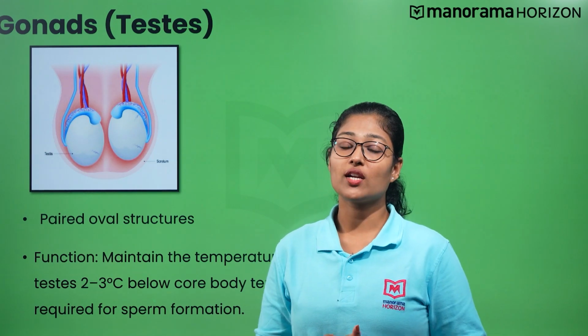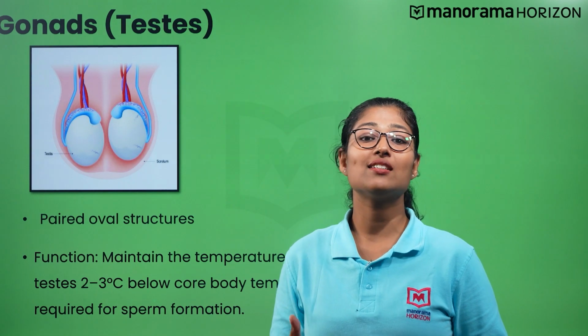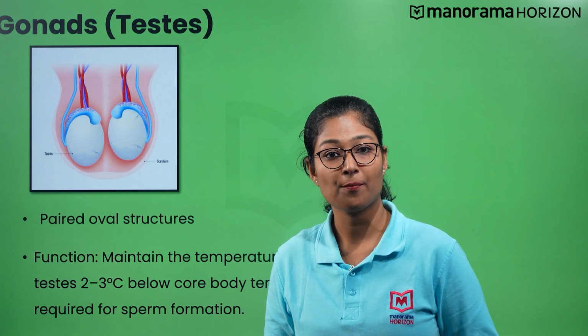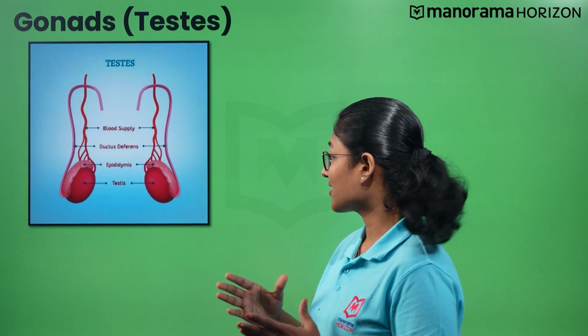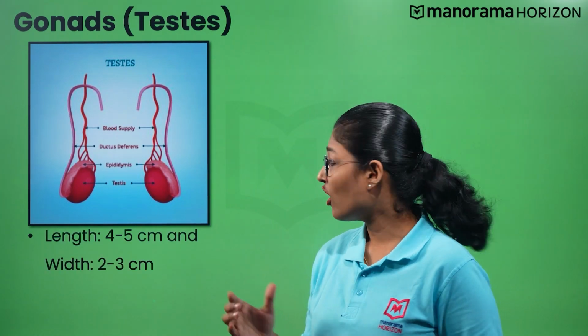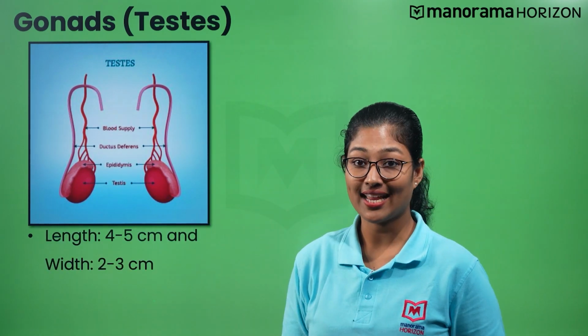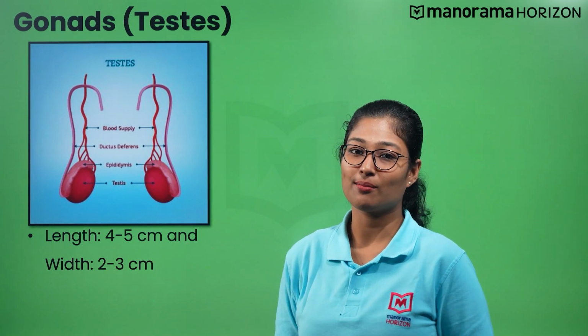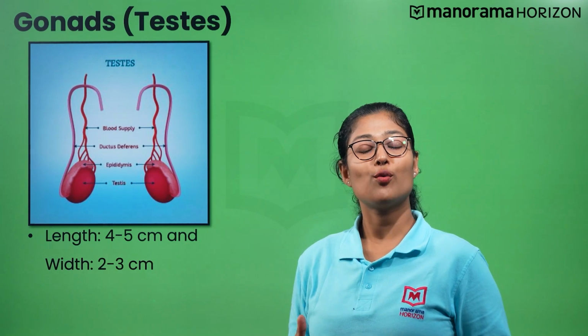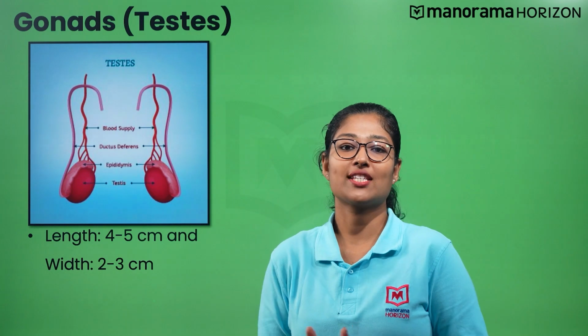Do you know what the external and the internal structures of the testis are? Each testis is an oval structure with 4 to 5 centimeter length and 2 to 3 centimeter width. It is covered by a tough and fibrous capsule.